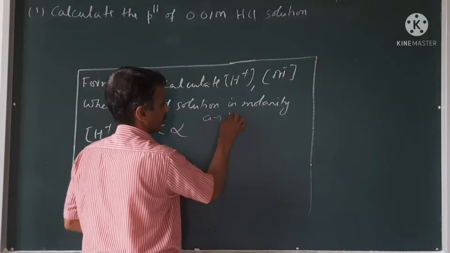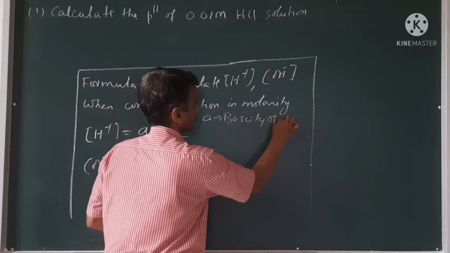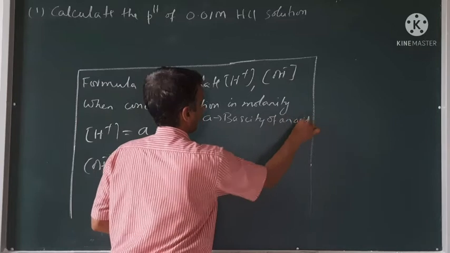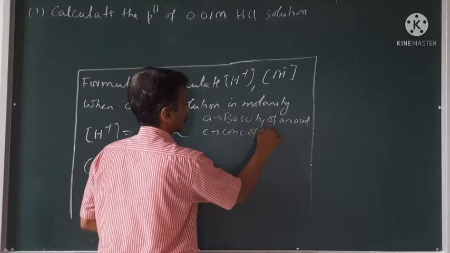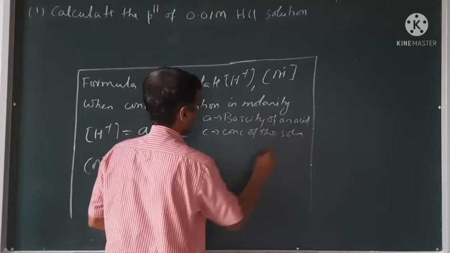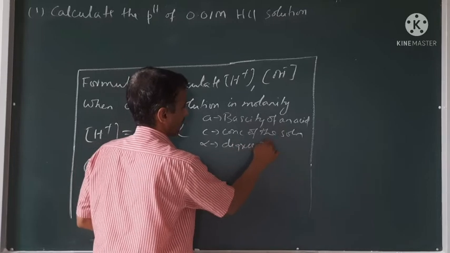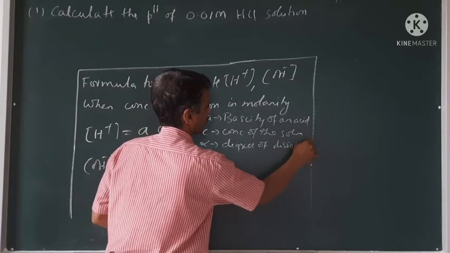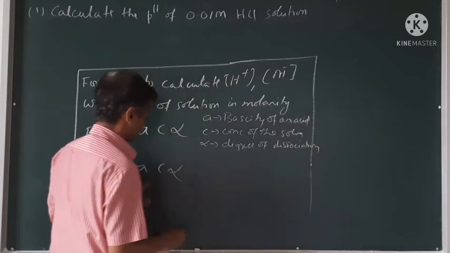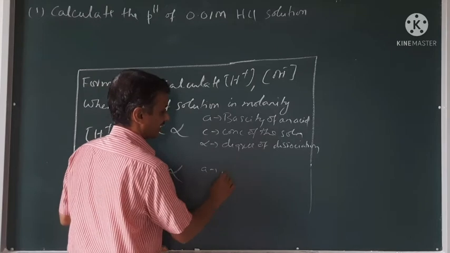A, basicity of an acid, C, concentration of the solution, alpha, degree of dissociation or degree of ionization. Here A is the acidity of the base, not the basicity.